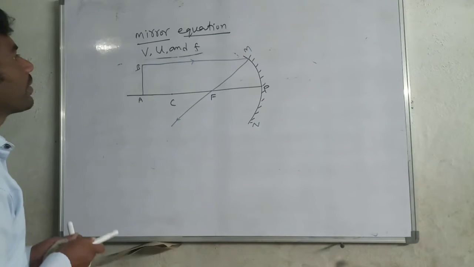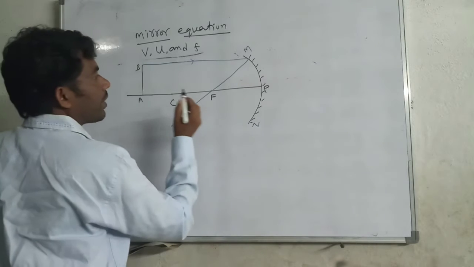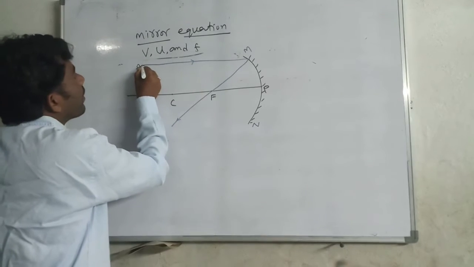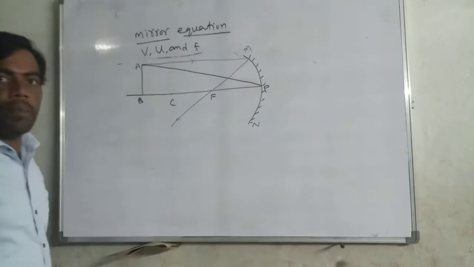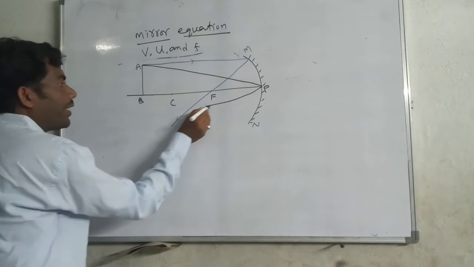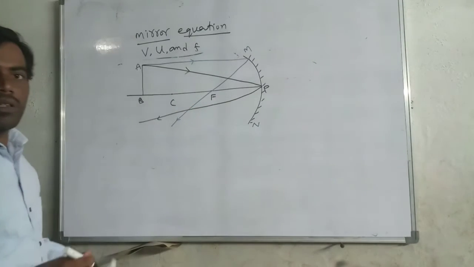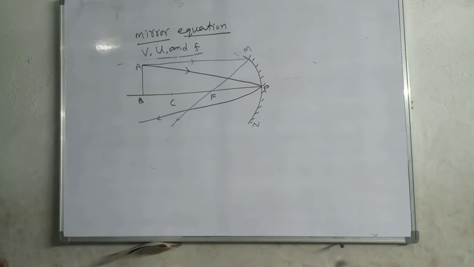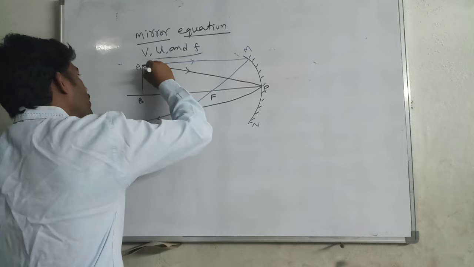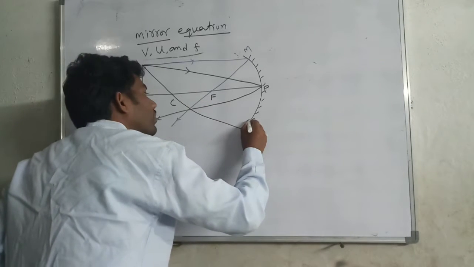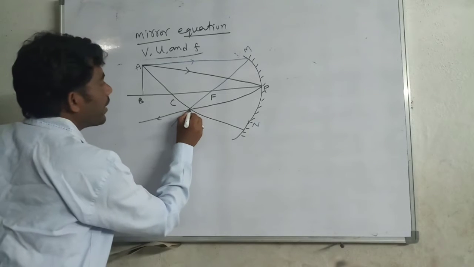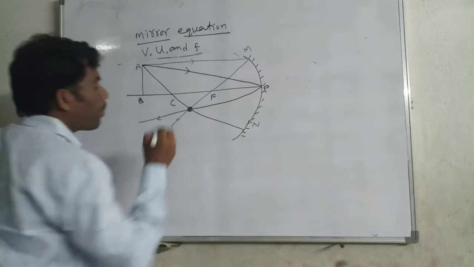Next one is the ray from this point A. It makes some angle and is incident on the pole, then it is reflected obeying the reflection laws. The next ray passes through C and coincides at this particular point.